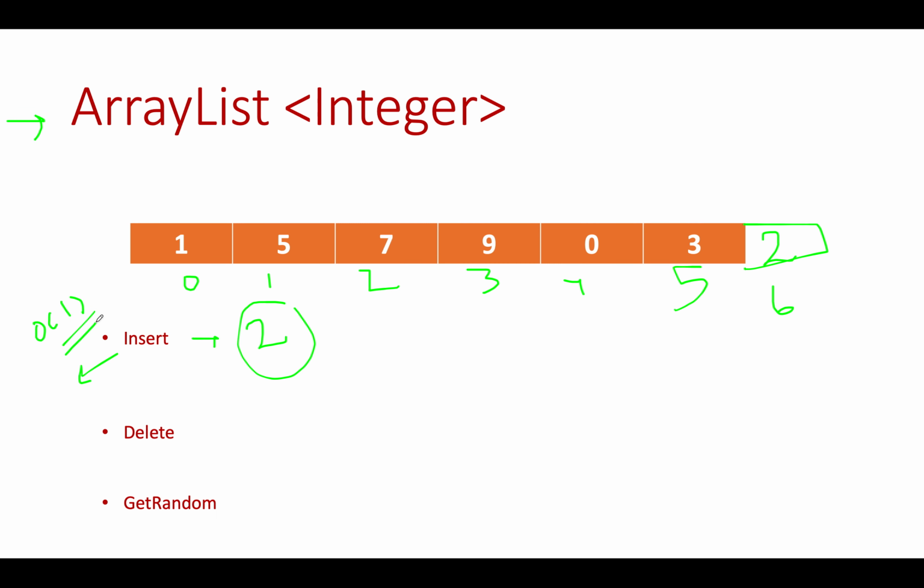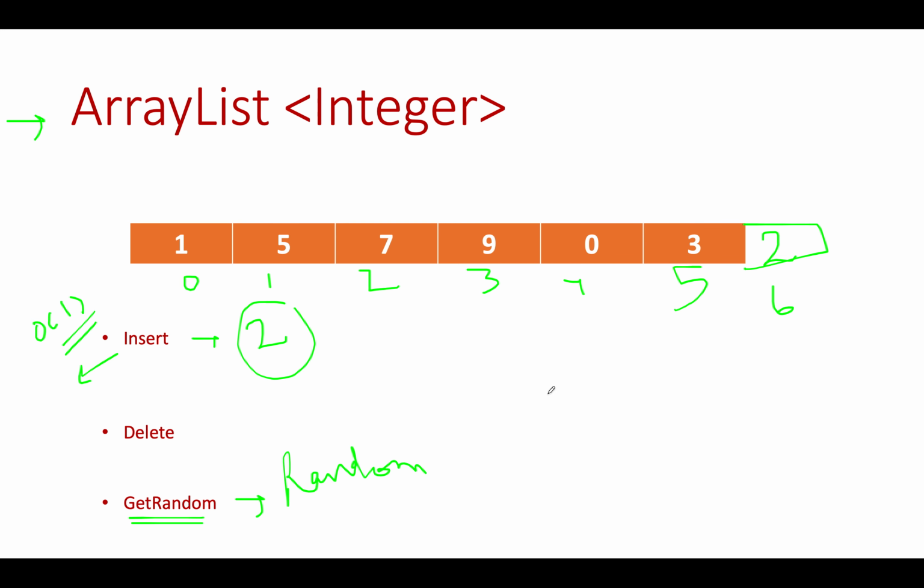Now let's talk about the get random method. I'll come to delete later on, but let's just talk about how, if you want to extract any value at random from this array list, you would do that. You can use the random function and pick any element based on the size of the input list.